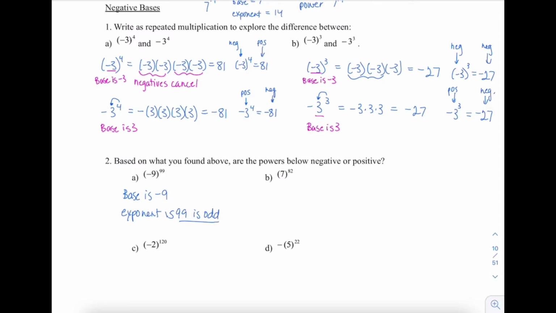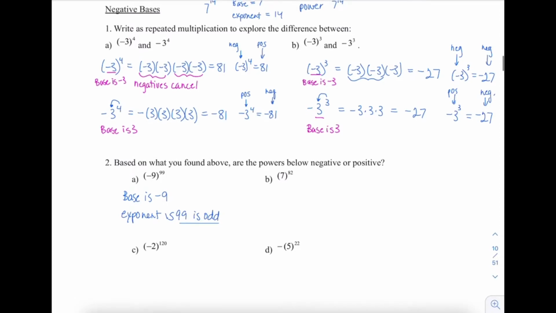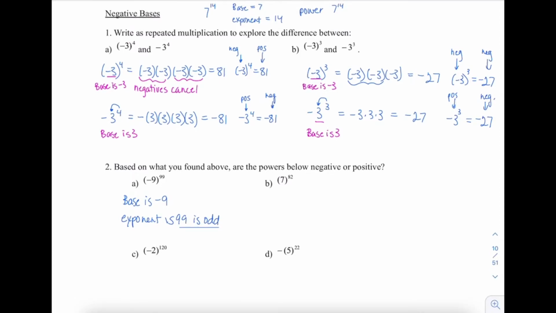So what that means is it's going to look a lot like this case right here, where I have a negative base with an odd power, meaning that the negatives will cancel out up to exponent 98. And then when you add that last multiplication, we're going to have a leftover negative value.